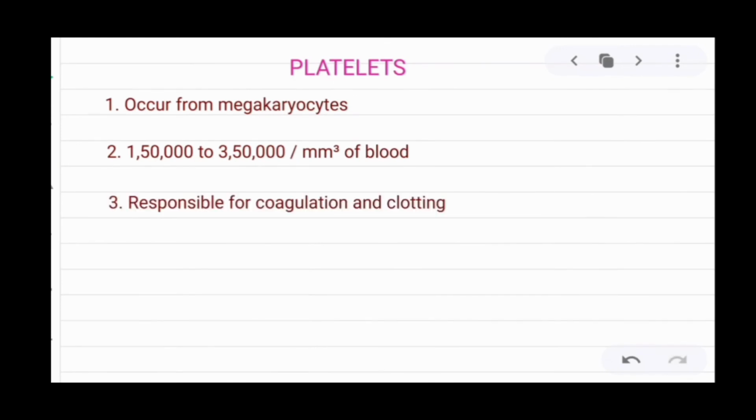Then the function is that they are responsible for coagulation and clotting, because platelets, come on, platelets means clotting should come into your mind. It's easy, don't worry, we will be having more and more practice. So responsible for the coagulation and clotting of blood.